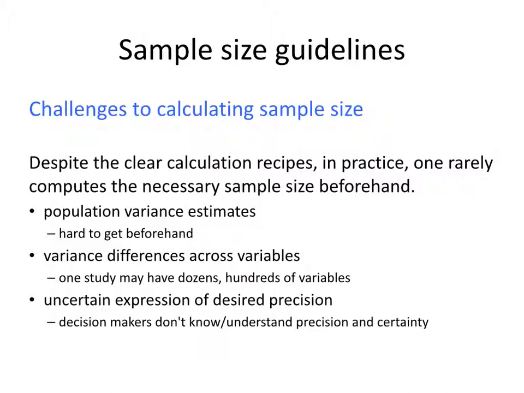And sometimes there'll be some group of variables that are so varied in the population that it's just not feasible to make the sample big enough for those.